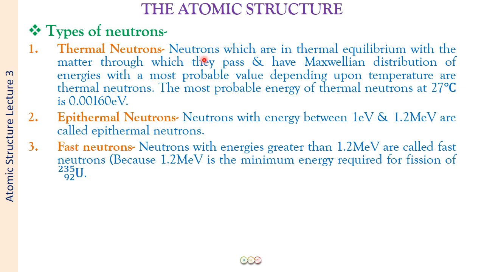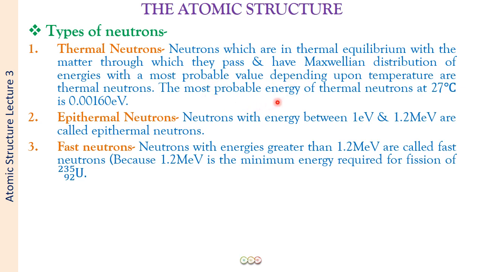Thermal neutrons are basically having a thermal equilibrium with the matter through which they pass, and they have a Maxwellian distribution of energies with the most probable value depending upon the temperature. Basically this line you will be able to understand only when we do the course called states of matter. For now you can just keep it in your notes, and try understanding it when we come to the topic states of matter.